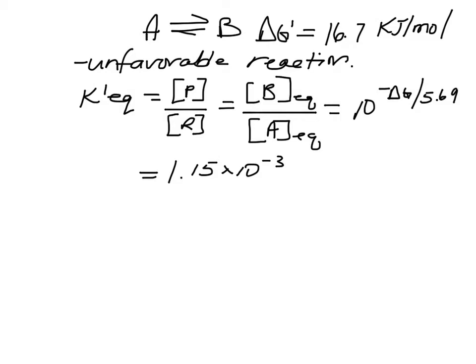What this means is that the net conversion of A into B cannot take place when the molar ratio of B to A is equal to or greater than 1.15 times 10 to the minus 3.